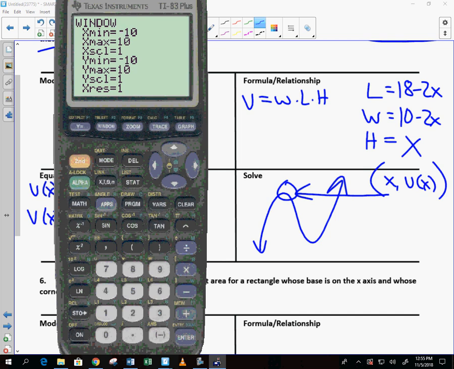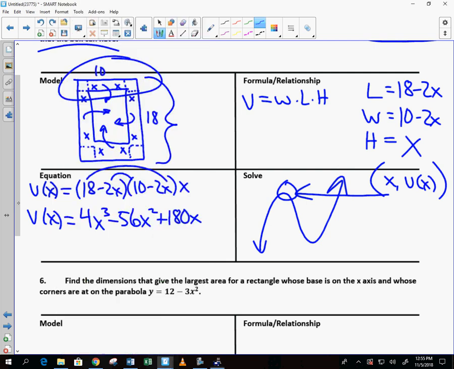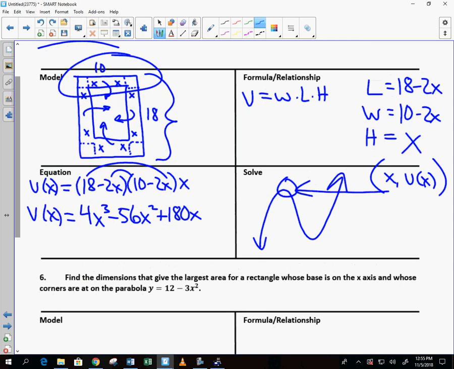Let's think about volume, okay? Farmer Logan, how much do you think we actually end up cutting off? You told me it couldn't be more than 5. So how much do you think we end up cutting off? Give me a number. 2. He says we're going to cut off 2. Well, if we cut off 2, that means the height would be 2, right?